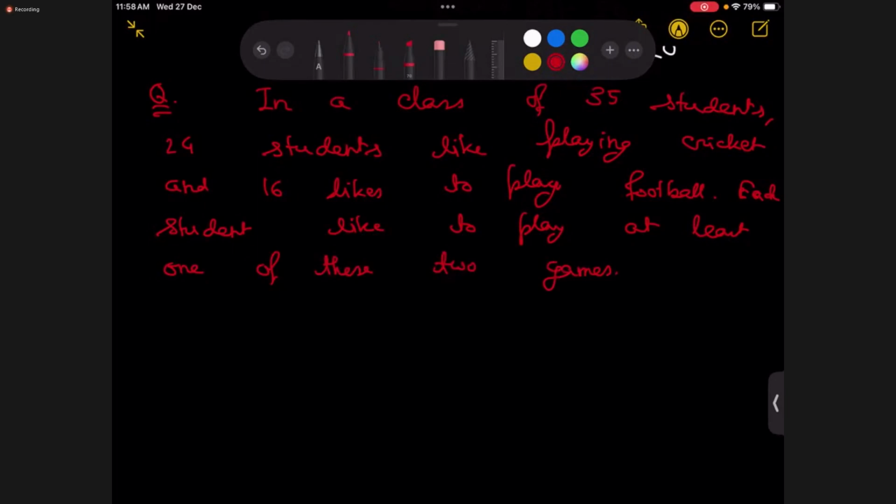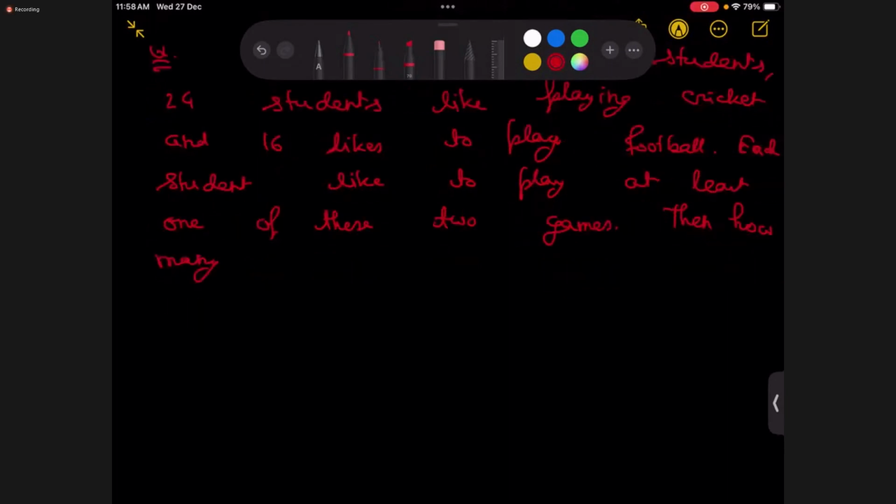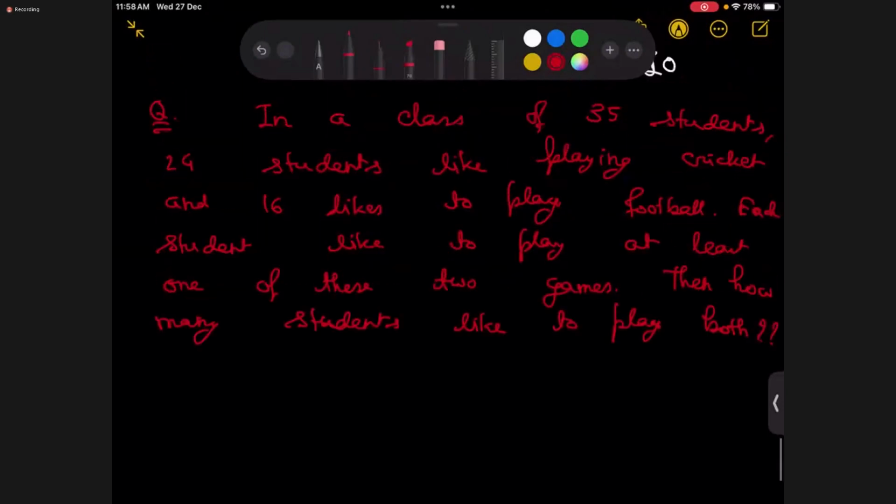Then how many students like to play both? This is our question.